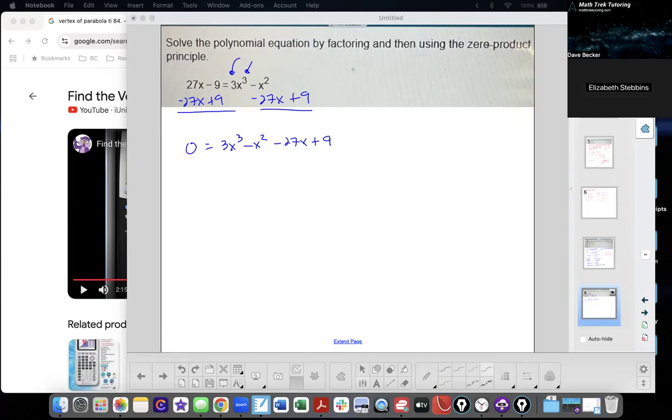Okay. So 27. Oh, wait. Oops. 3 minus. I got a lot of decimal points.